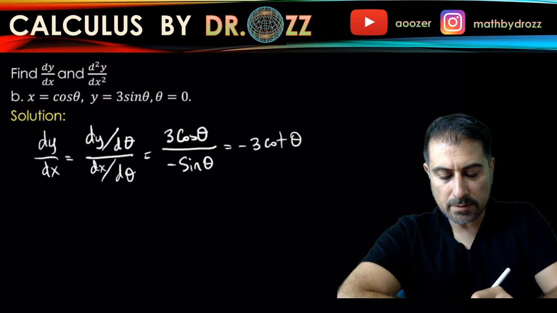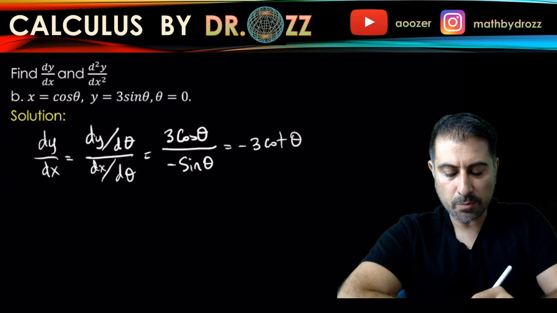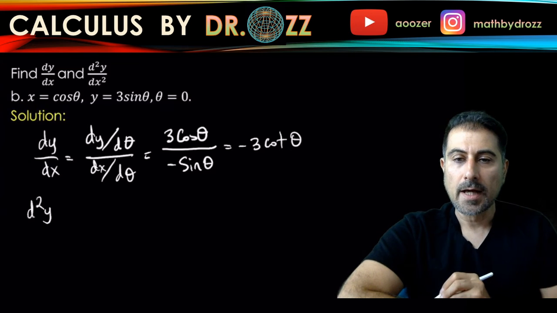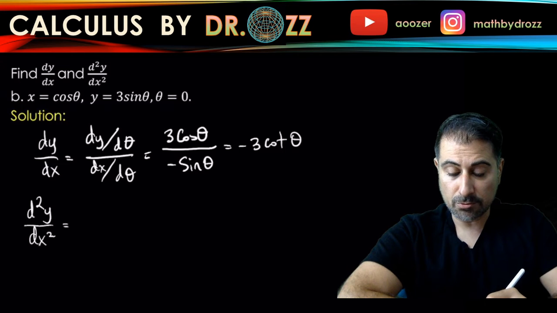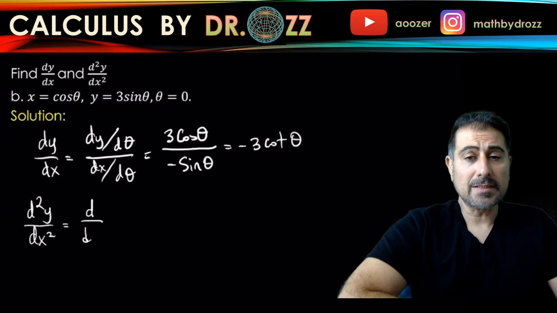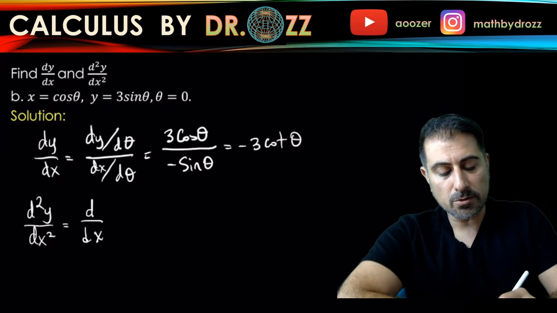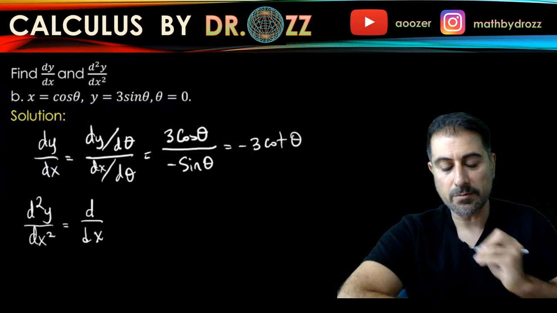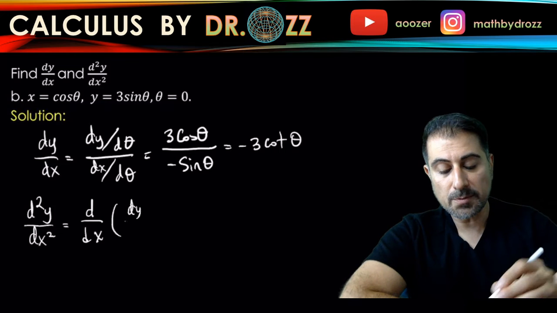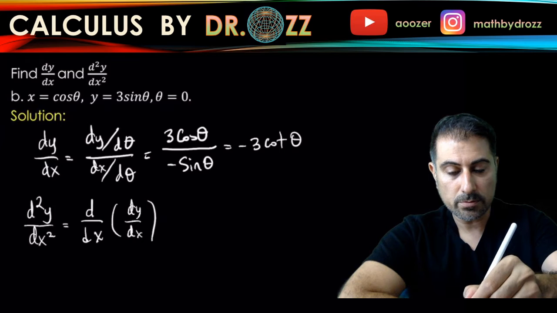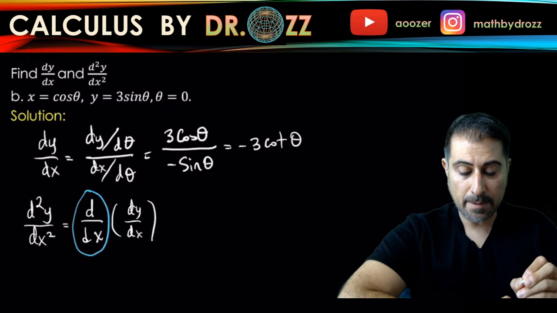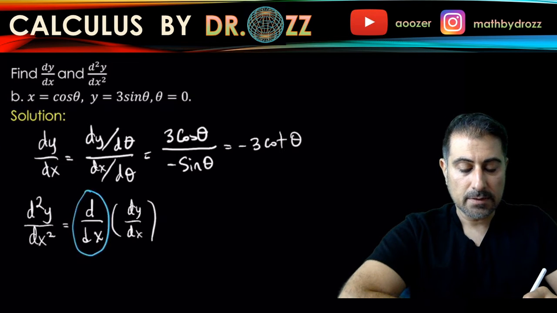To find d squared y over dx squared, I'm going to make use of the Leibniz notation, because this is the second derivative in Leibniz notation, which essentially means that it's the derivative of the first derivative. Okay, there we go. And for this piece here, I'm going to apply the same trick that I did above, that I am going to divide top and the bottom by d theta.